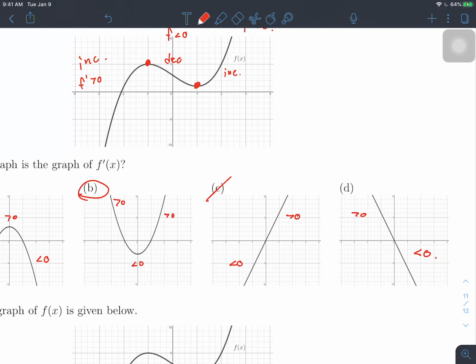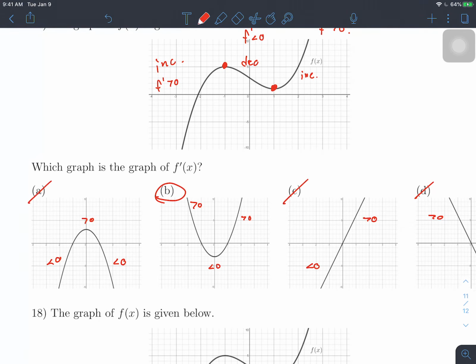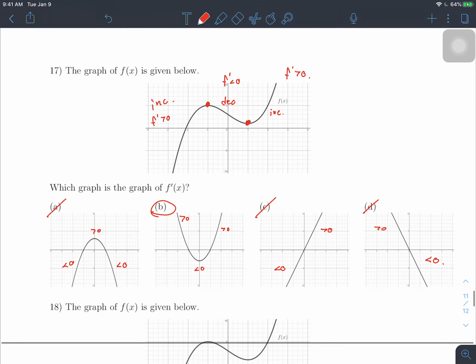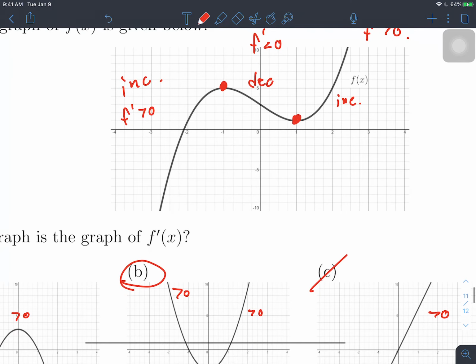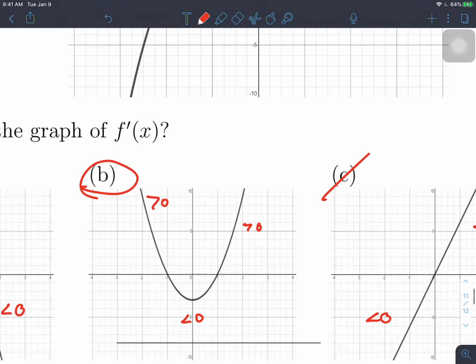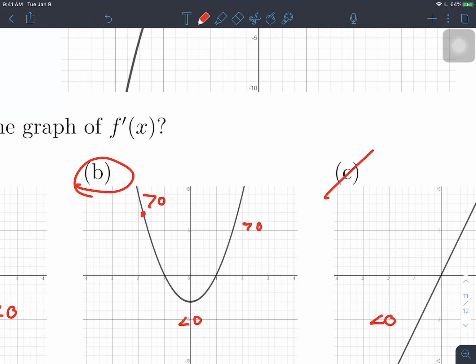Yeah, those are going to be right out. Okay, so really I just decided from looking at the parts of f where we are increasing or decreasing, that should tell us what the sign of f prime is. And if f prime is larger than 0, then you better believe that the value of the function f prime should lie above the x-axis.